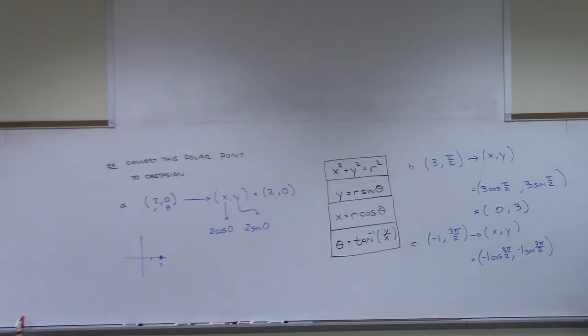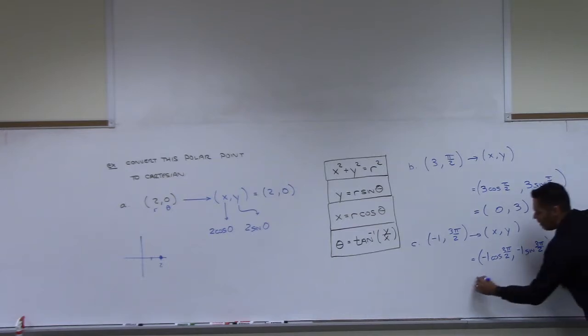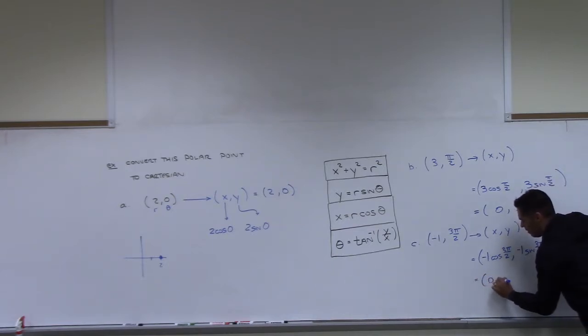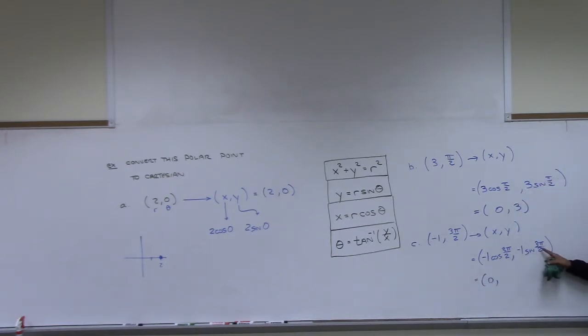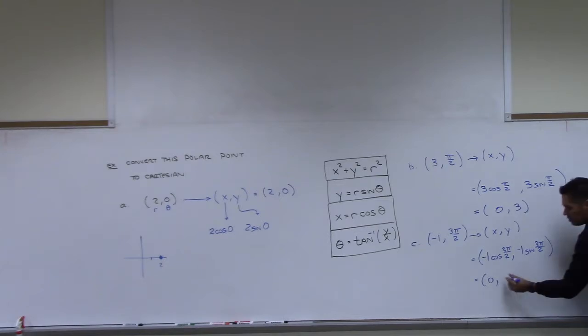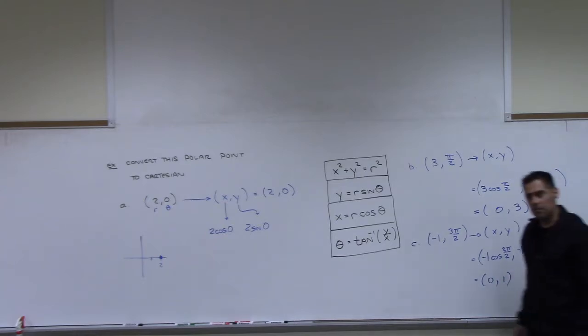Okay. What is cosine of 3 pi over 2? 0, so it just zeroes this out. And then what is sine of 3 pi over 2? So -1, but then we multiply it times -1 and get +1. So 0, 1. Isn't that the point we had Cartesian? Okay. So see how that works?